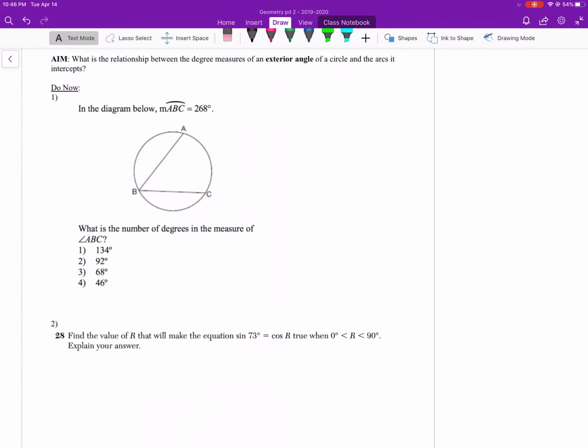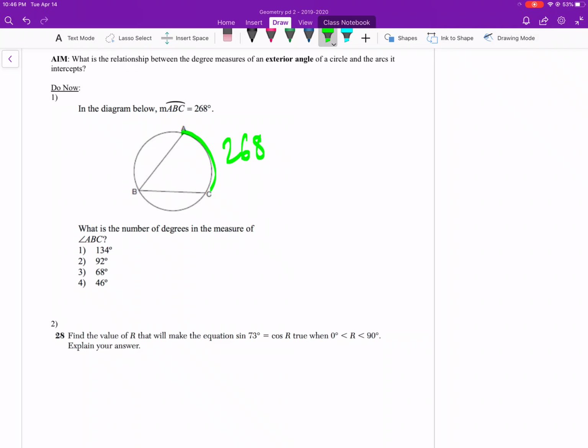In the diagram below, the measure of arc ABC equals 268 degrees. I've seen many students make the mistake initially when labeling, taking this arc right there to be 268. That is not the case, and if you think logically, 268 degrees is almost the entire circle, right?